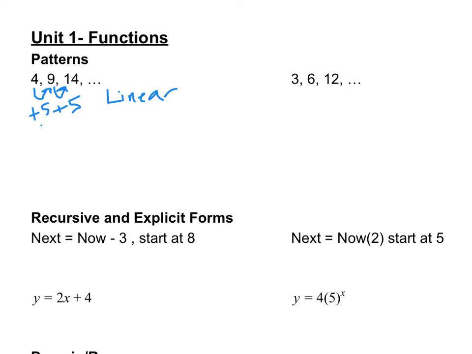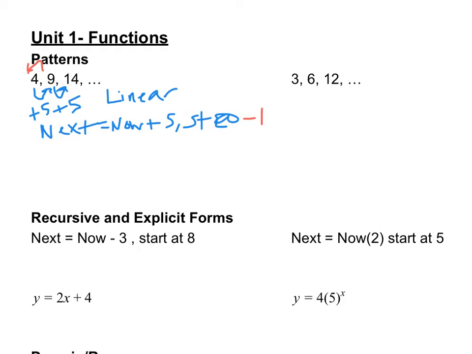And so I would start with next equals now plus 5, starting at, and what did we have to do to get our starting at? We had to go backwards. So thinking back from 4, 4 minus 5 would be -1.